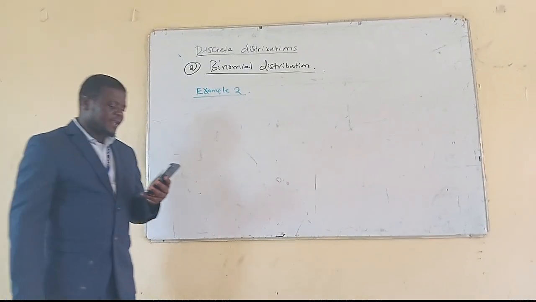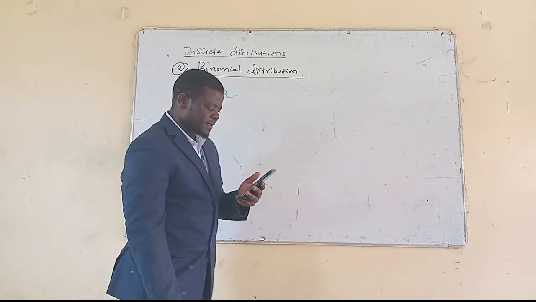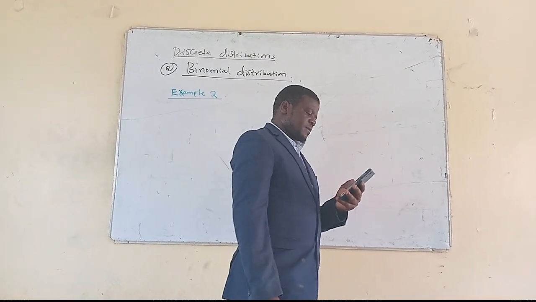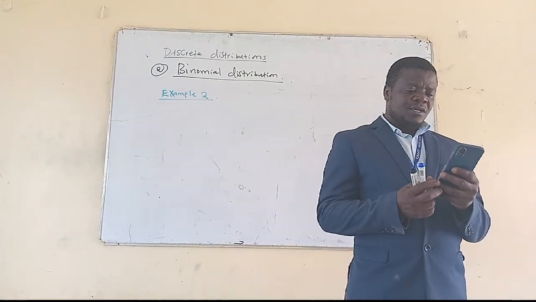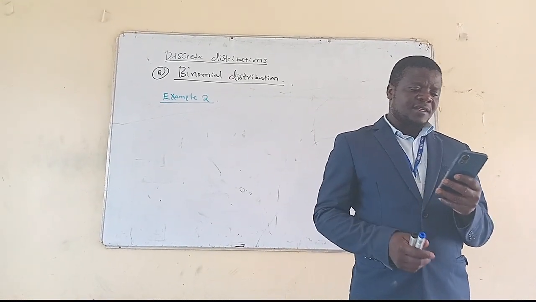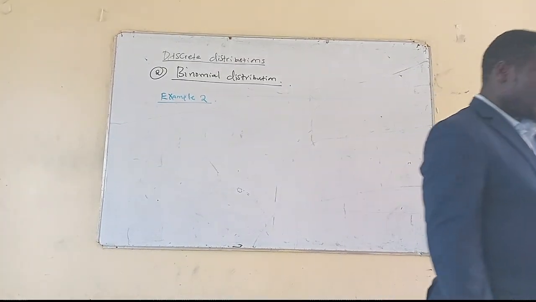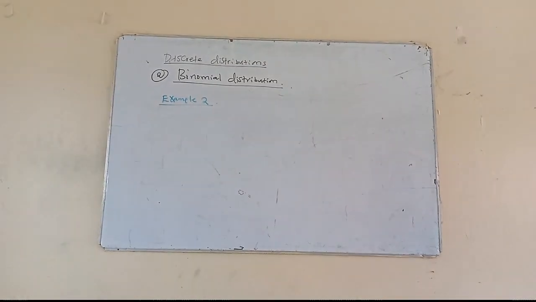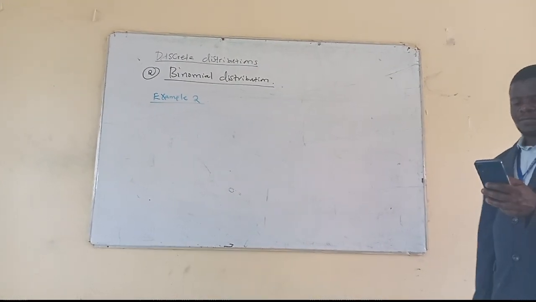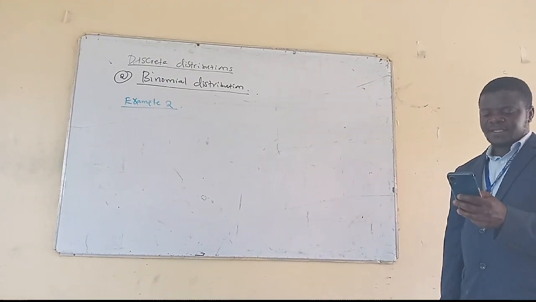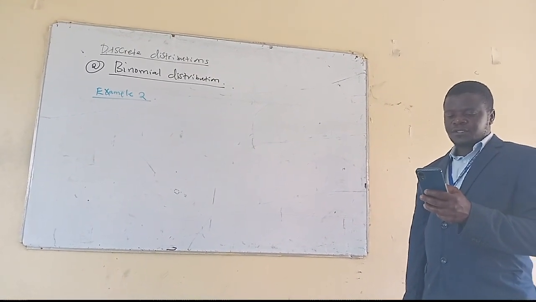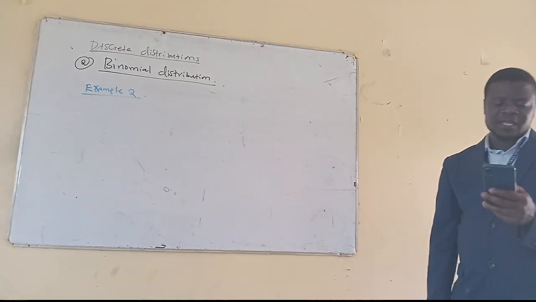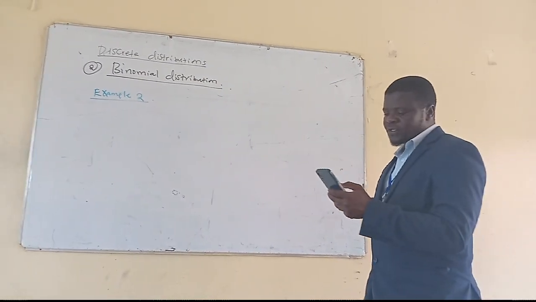A certain lizard lays 8 eggs, each of which will hatch independently with a probability of 0.7.